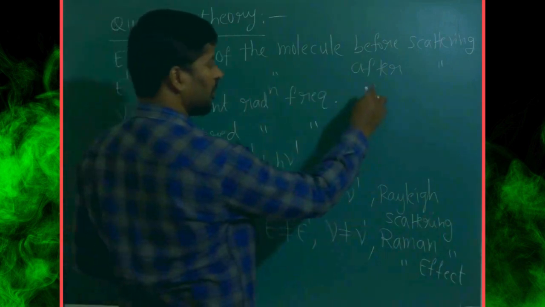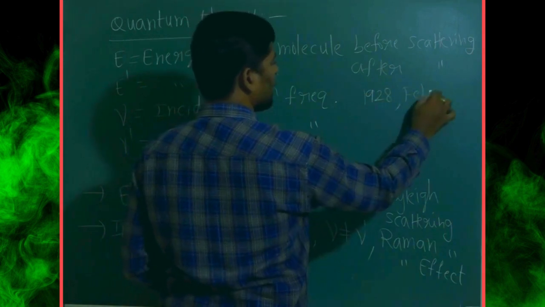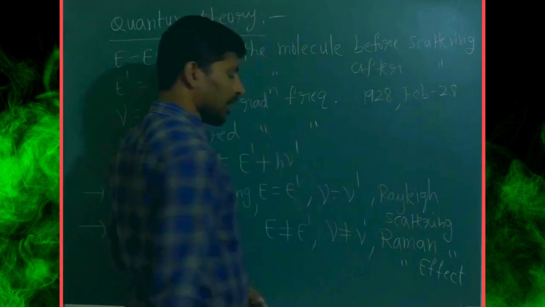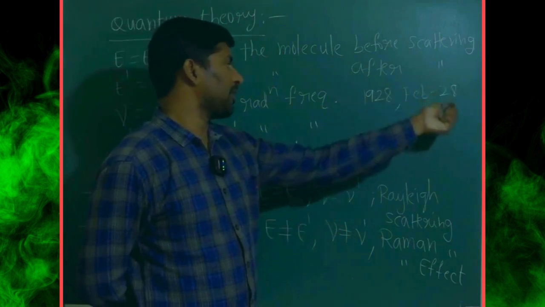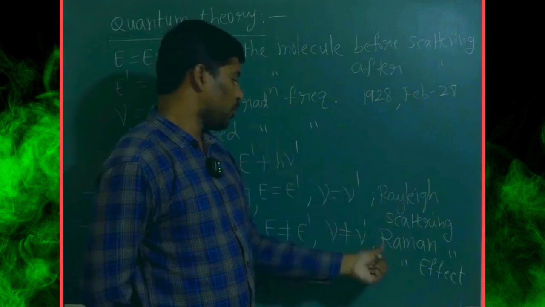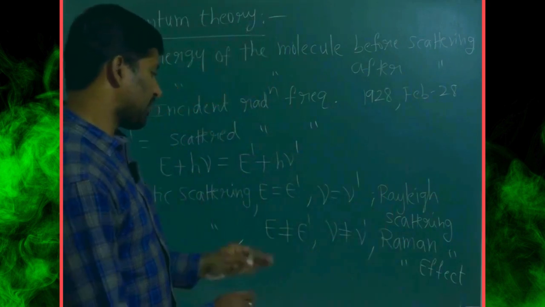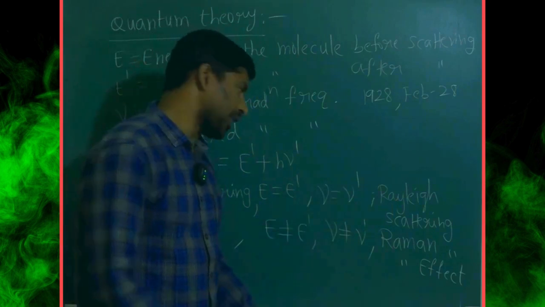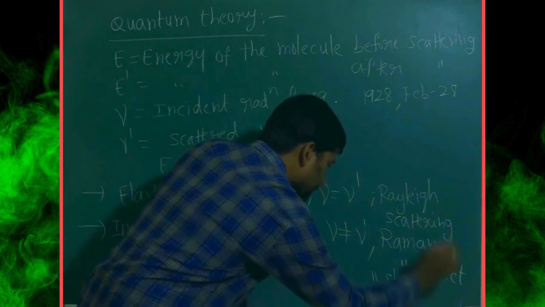This Raman effect was discovered in 1928, February 28. For this, Raman was awarded the Nobel Prize, and every year we celebrate National Science Day to commemorate the discovery of the Raman effect. That is also said to be Raman shift.